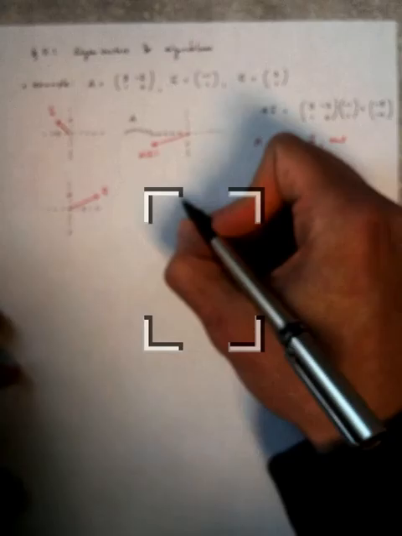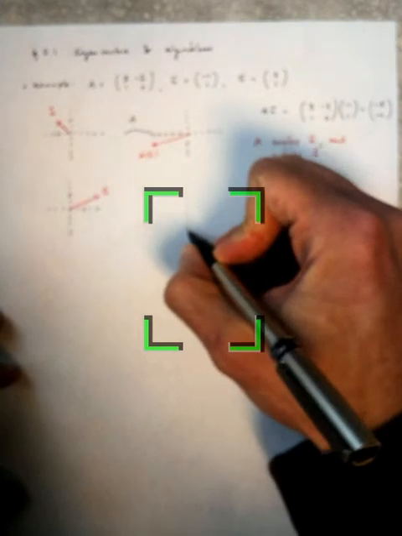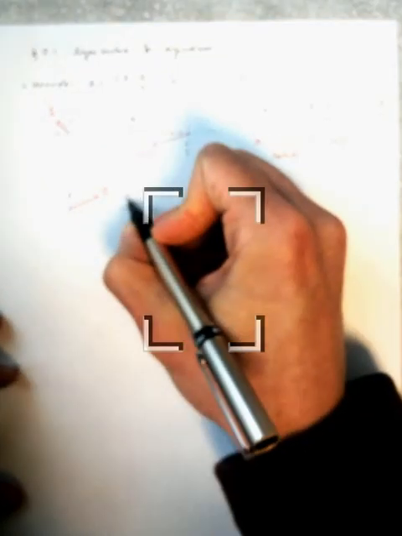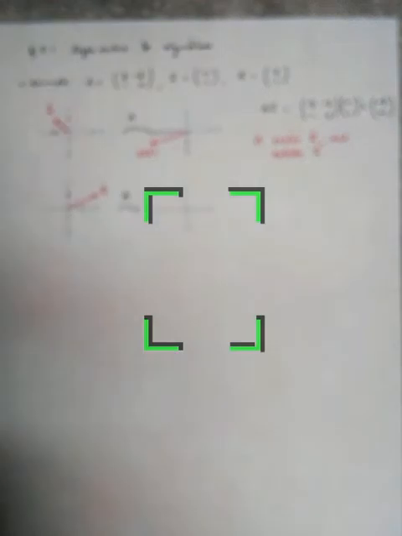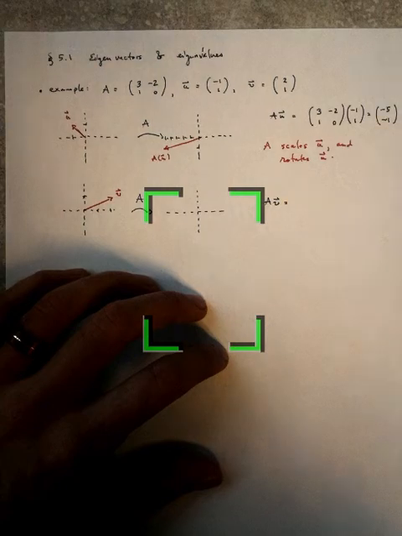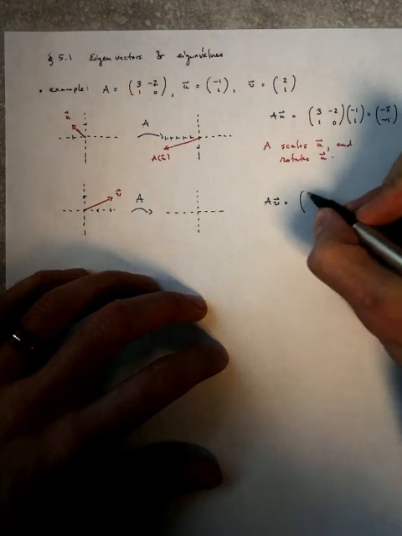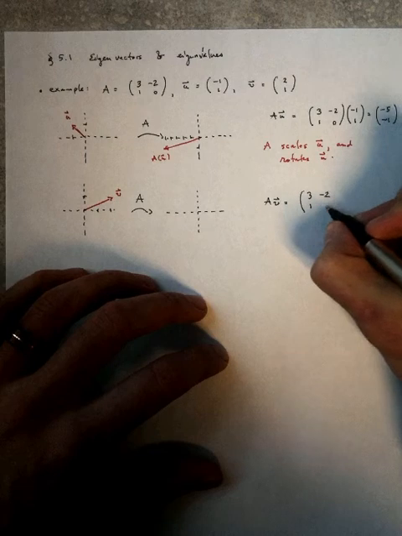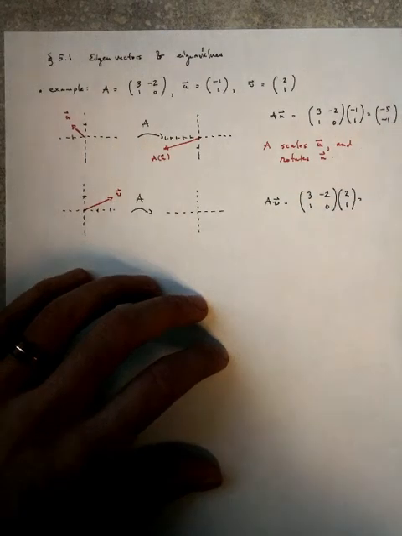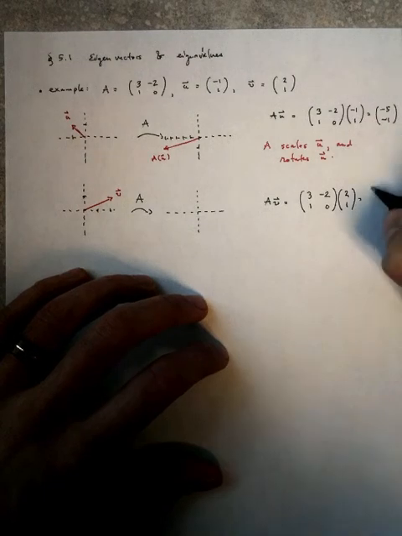Okay, let's figure out what A does to V. Okay, so what is A times V? Well, it's going to be 3, 1, negative 2, 0 again, times 2, 1. Okay, what happens when you work that out?